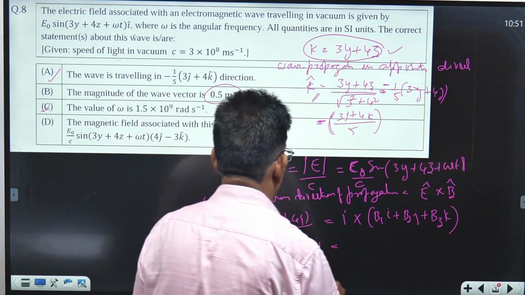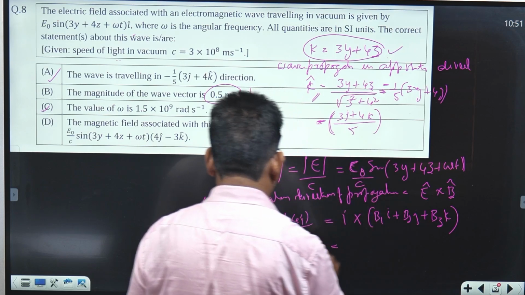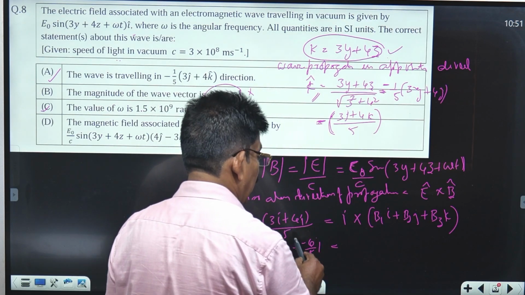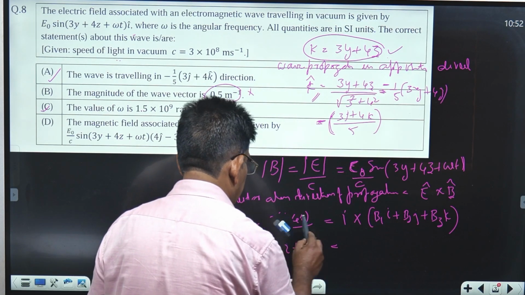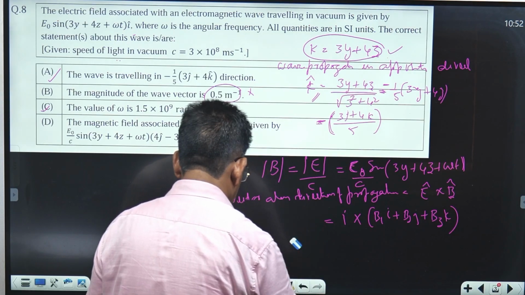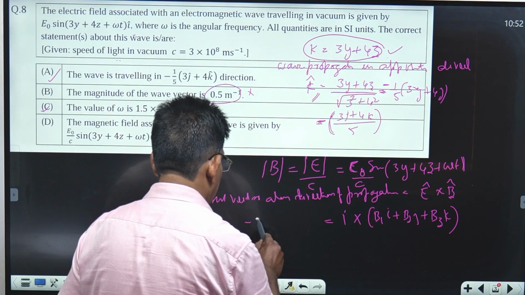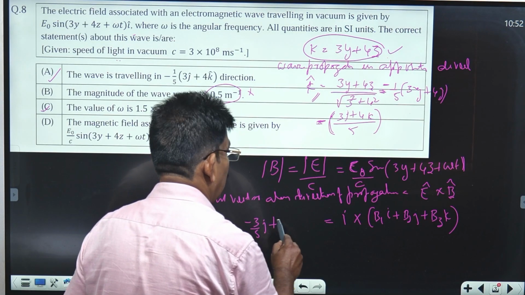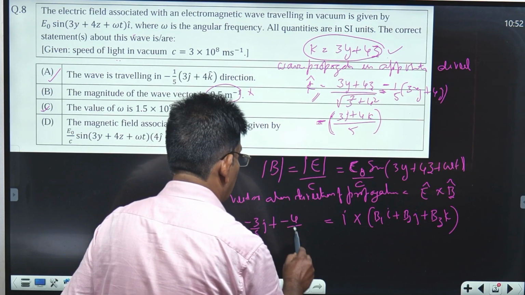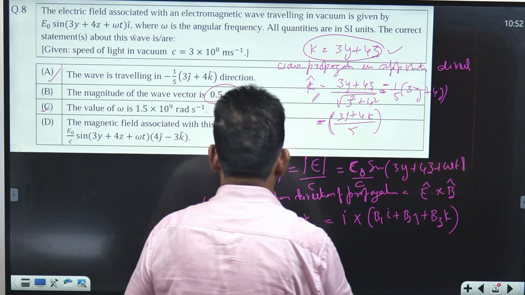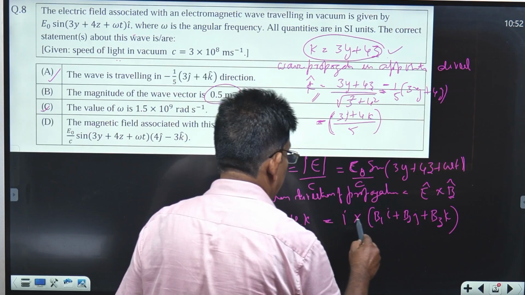Is it? No, we made a mistake. It is 3j plus 4k, 3j, not 3i. So we have to change it. I write it again. The unit vector in the direction of wave propagation is minus 3 by 5j plus minus 4 by 5k. That is correct. Minus 4 by 5k is equal to i cross.